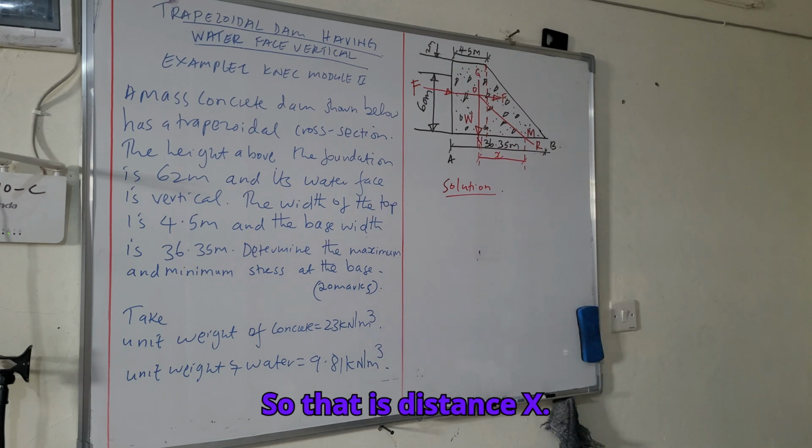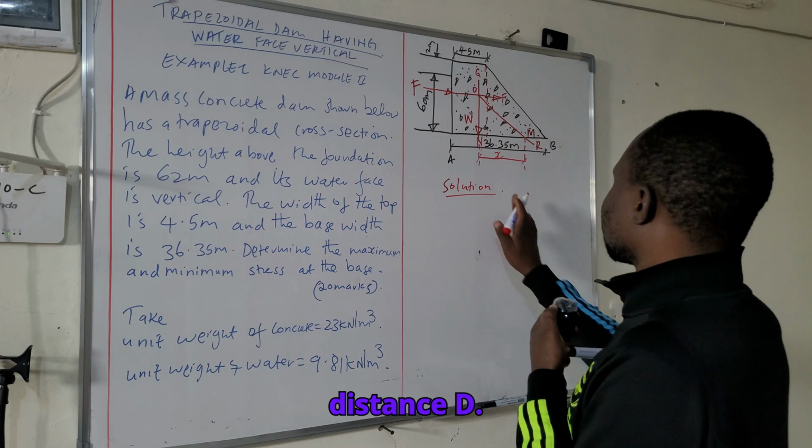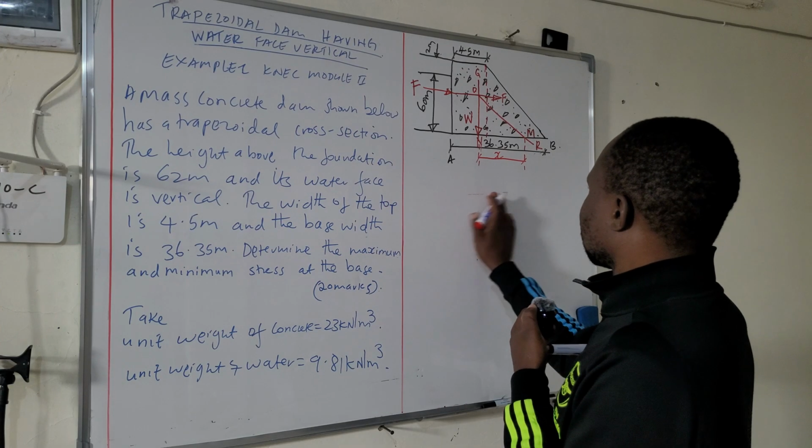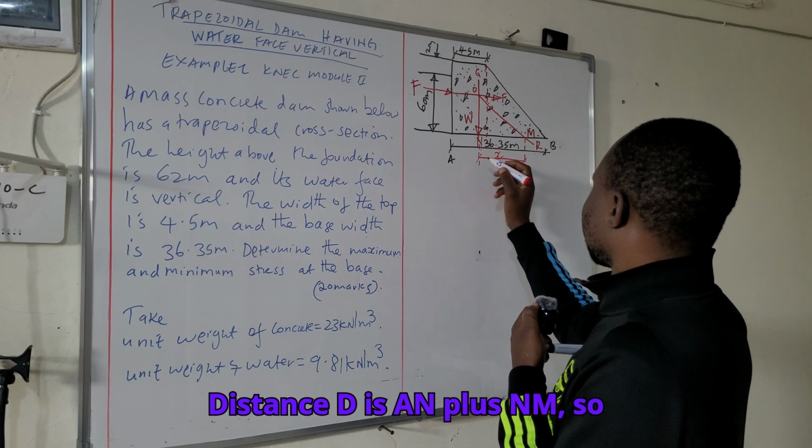So that is distance X. And then we have our distance D. Distance D is AN plus NM.